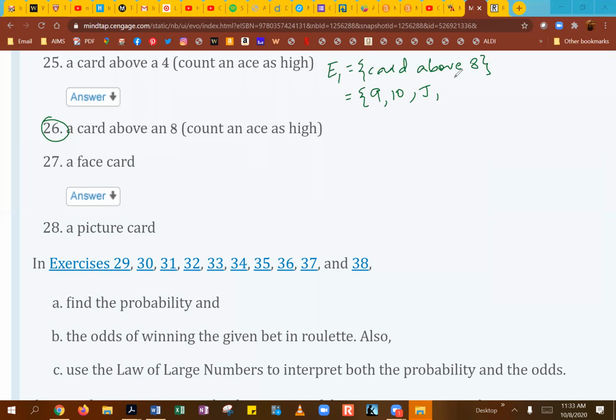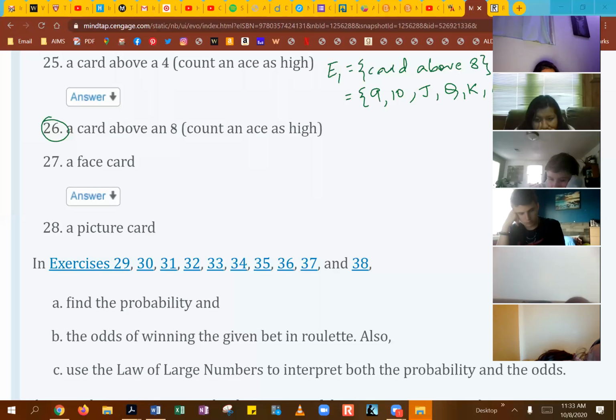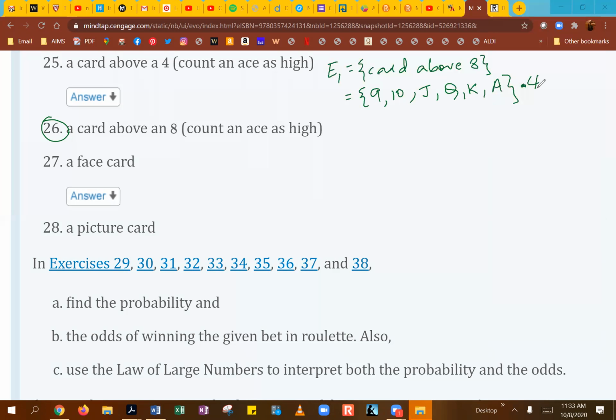Oops, that should be a queen. And remember, this is going to be for all 4 of your suits, right? So this will be for basically, do it times 4, because it's got to be for the hearts, diamonds, spades, clubs, all of them, since we're talking about all cards. So can you tell me what the number will be in this event?